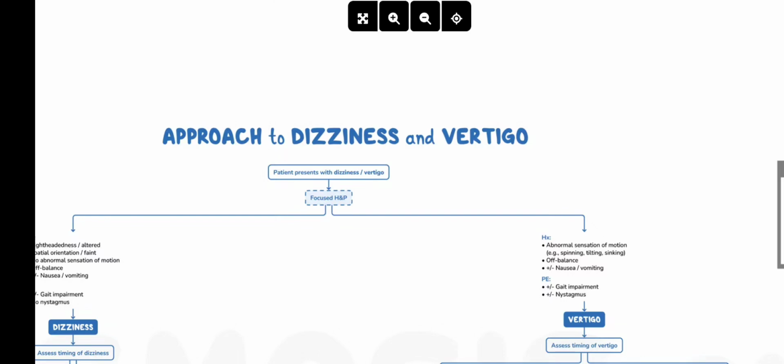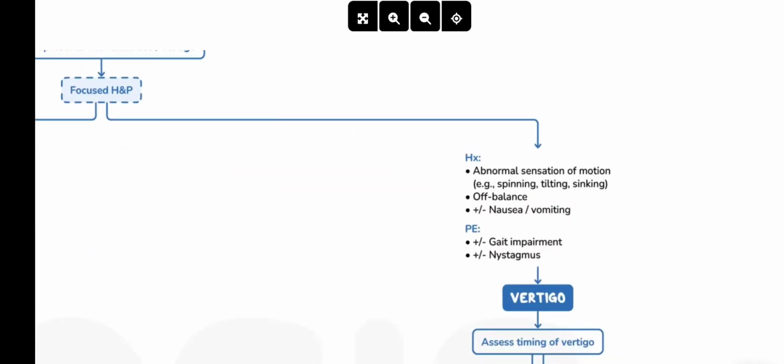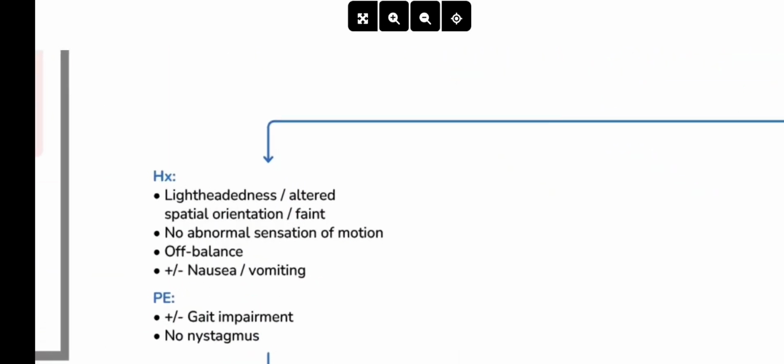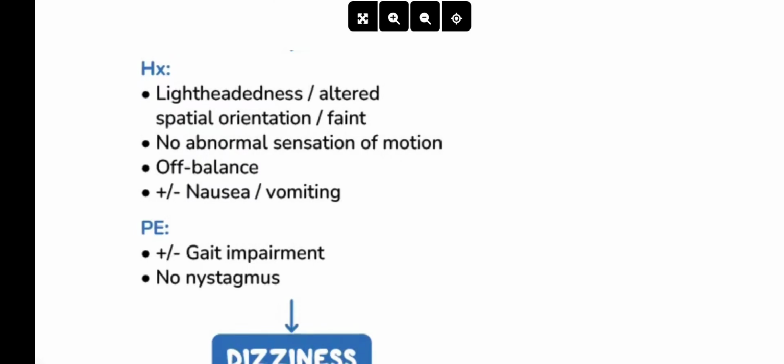So, first of all, we'll have to differentiate between dizziness and vertigo. If a patient comes to you with no complaint of abnormal sensation of motion, such as spinning, tilting, sinking, but has these symptoms: lightheadedness, altered spatial orientation, faint, but no spinning, no tilting, no sinking.